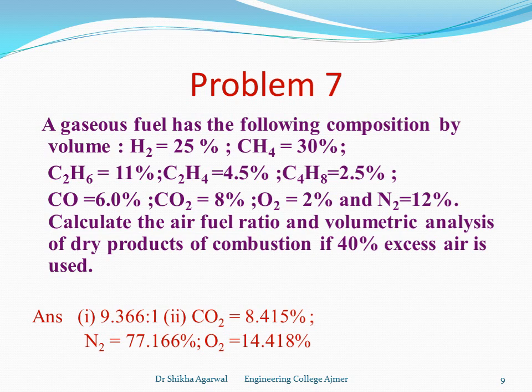So you have to find the air-fuel ratio and volume analysis of dry products of combustion if 40% excess air is supplied. So in this case, when you solve this, the air-fuel ratio comes out to 9.366:1. Percentage of carbon dioxide is 8.415, nitrogen is 77.166 and oxygen is 14.418.